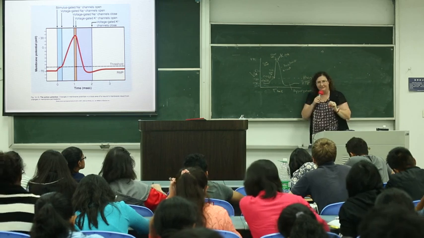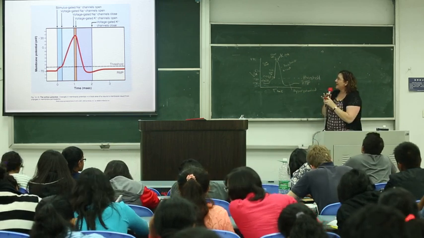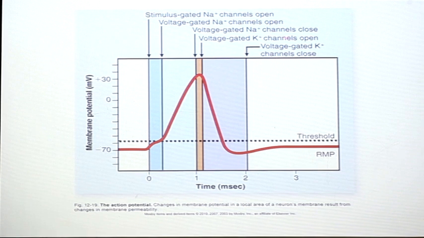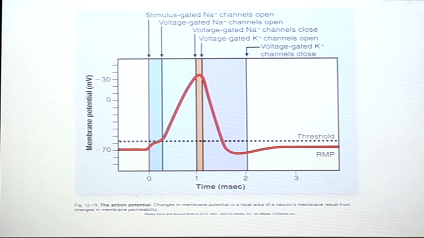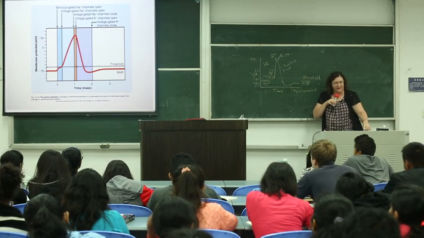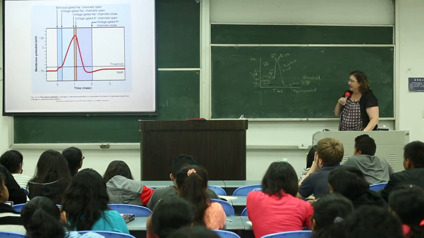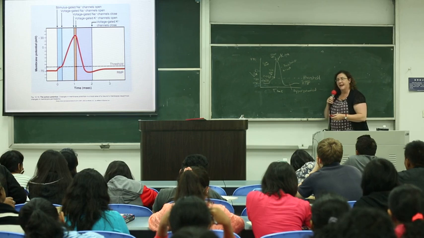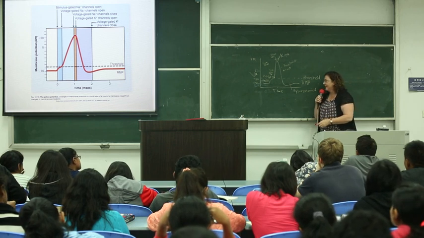The potassium channels are going to open. If you look over here on this slide, it has it all nice and marked for you. But basically, right up there at the top is where those voltage-gated potassium channels are going to open. Now, here's another thing to think about. Where are the potassium channels closing?